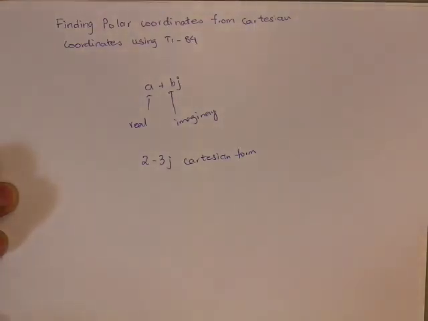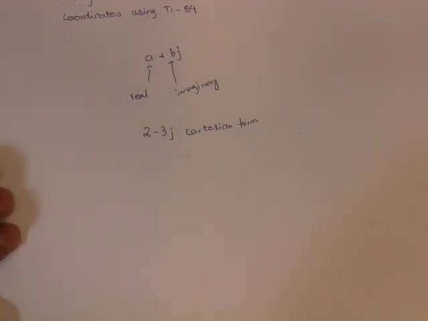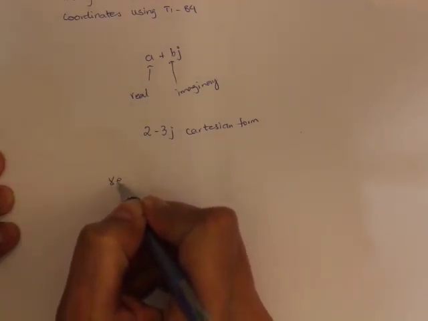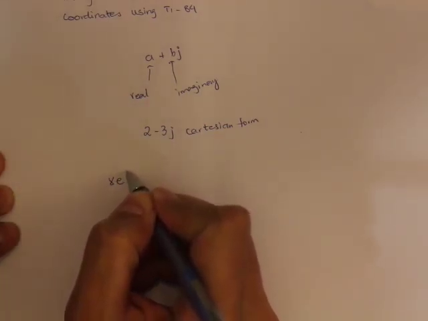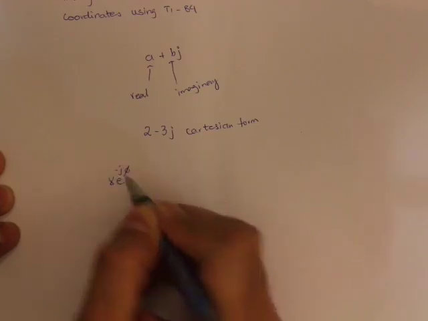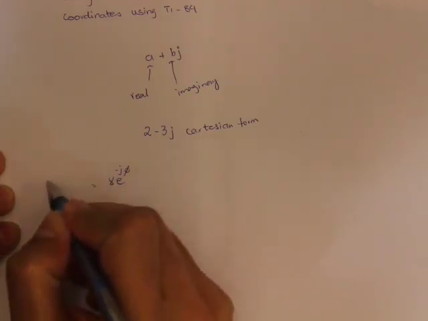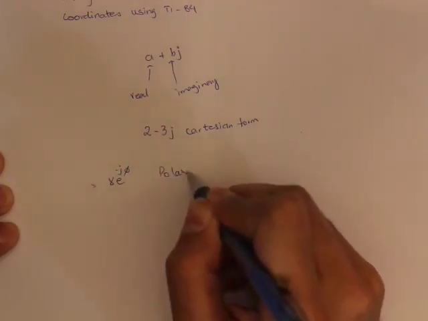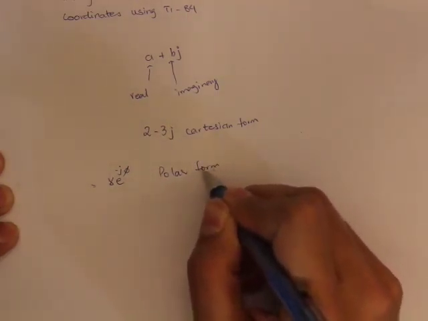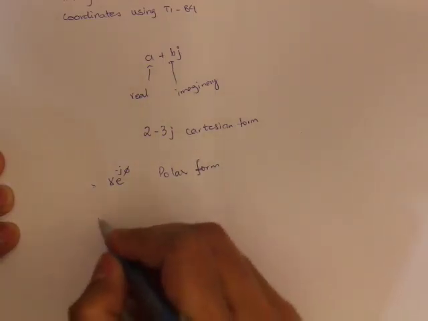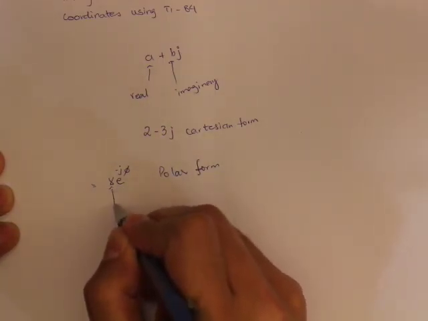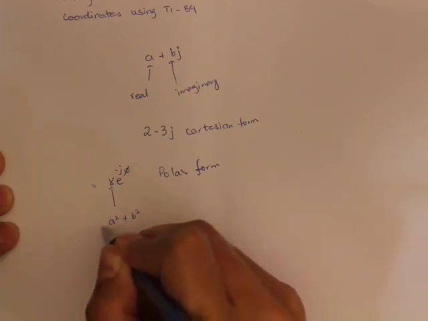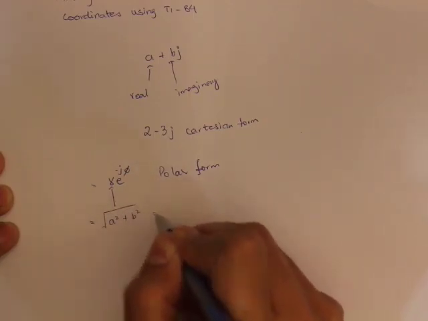If we have to find the polar form, for the polar form you have the magnitude and then you have the angle with it. This is your polar form. The magnitude is basically the square of a plus the square of b, and the square root of the whole thing.